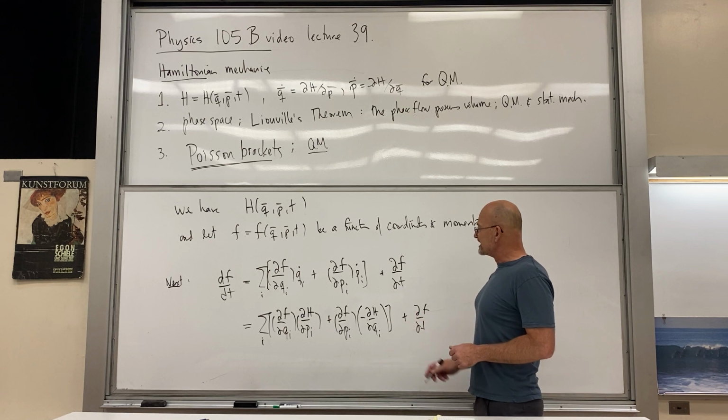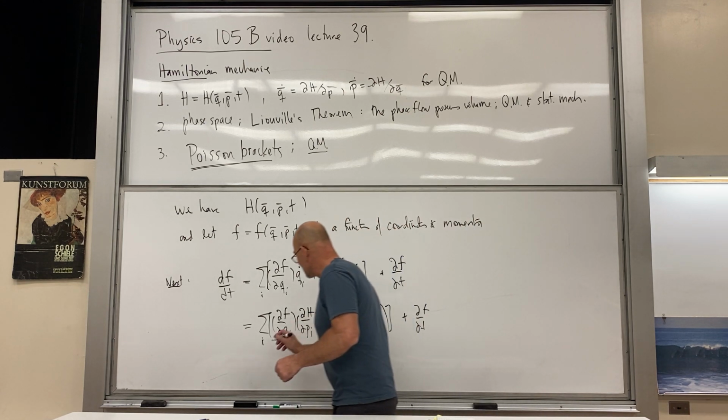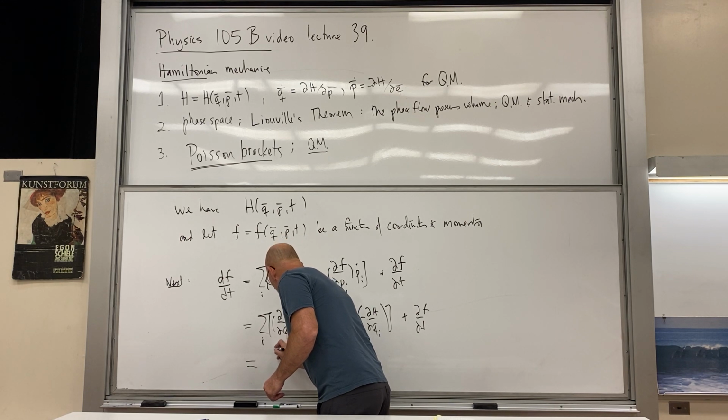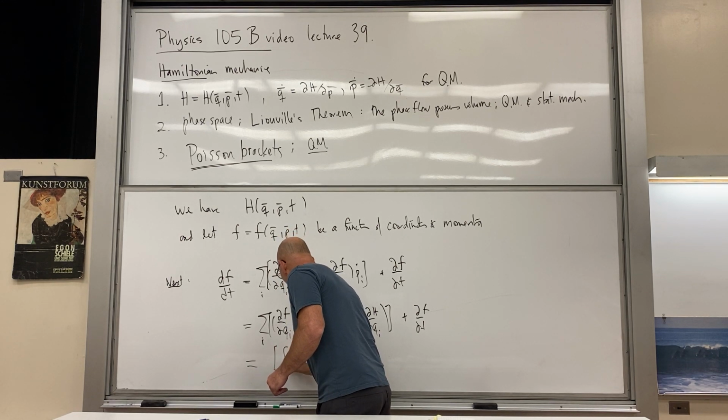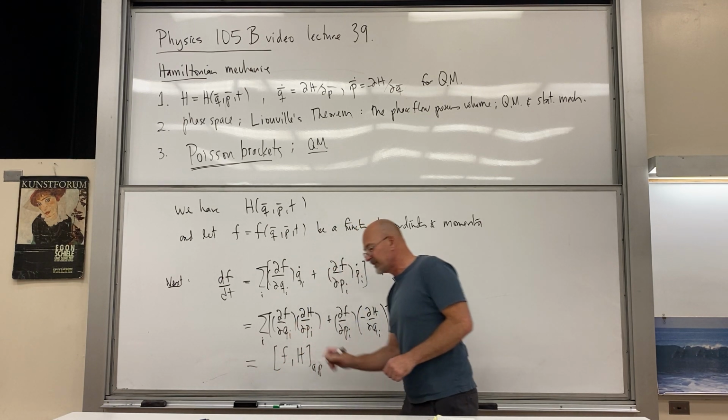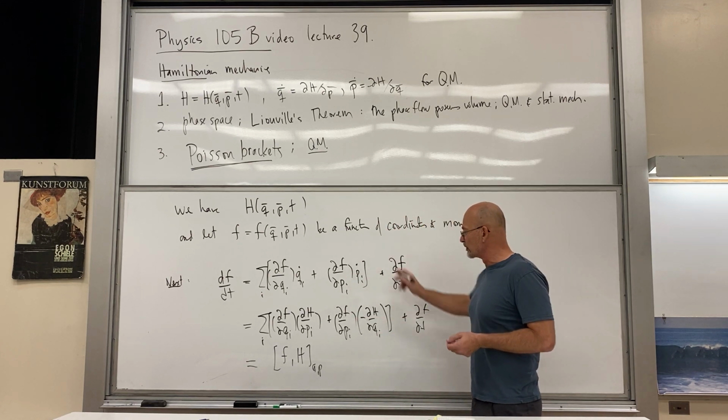But this is the definition of the Poisson bracket F, H, and we'll write q, p because that's the order in which we took those derivatives.